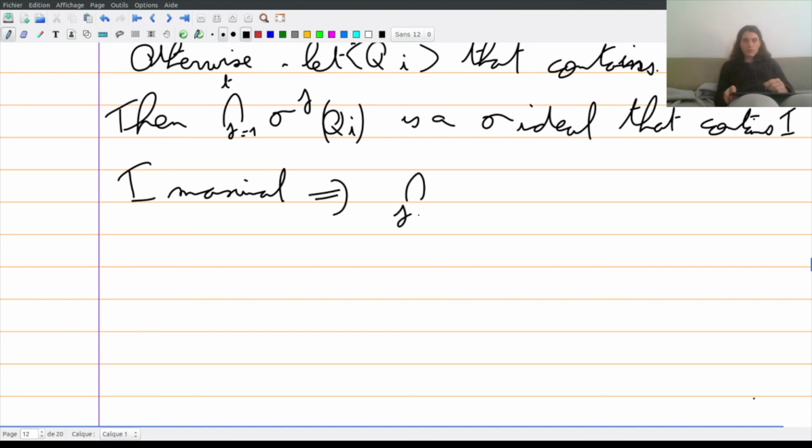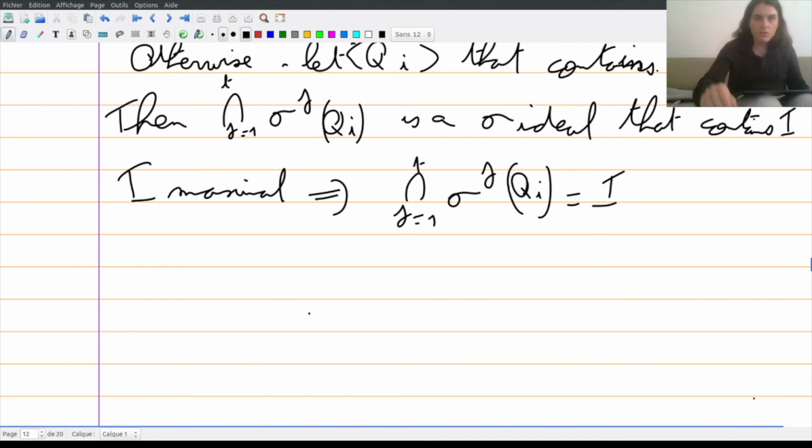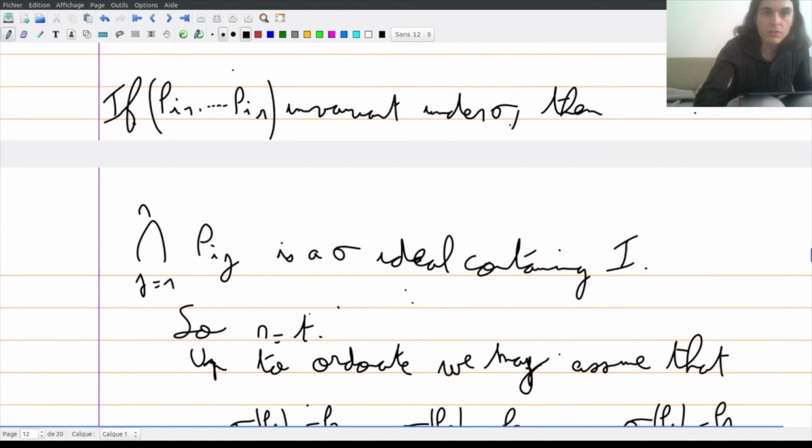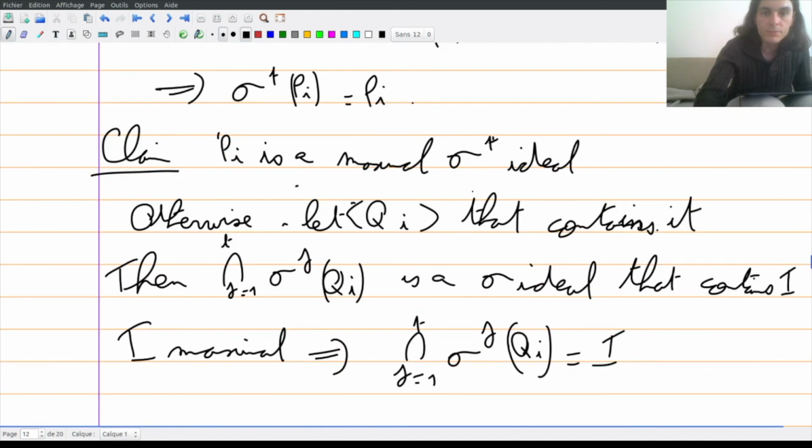So it implies that it's just equal to I. And on the other side, remind that I was the intersection of the Pi.